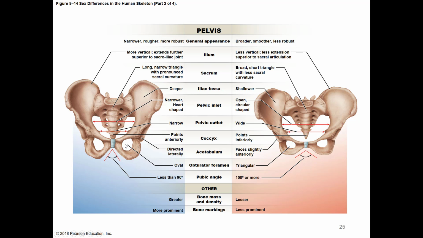And another really noticeable thing is the angle between the ischia in males is typically less than 90 degrees. In females, greater than 100 degrees. So again, these are things that are all related to childbirth.